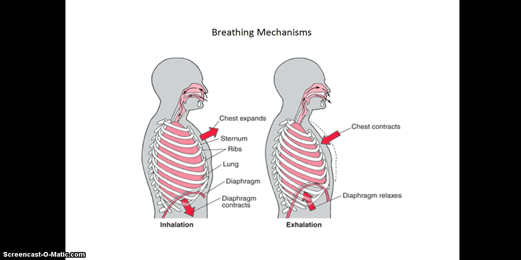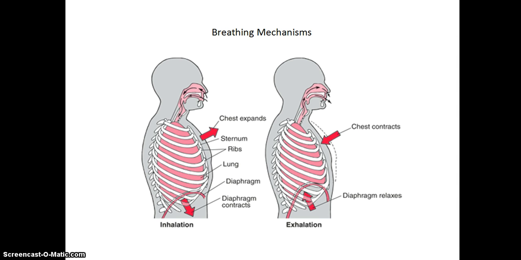It's the inhalation-exhalation process. The external intercostal muscles contract and pull the rib cage out, expanding the chest cavity, and the diaphragm contracts and moves down, therefore creating a larger space in the chest cavity for more oxygen to be inhaled.